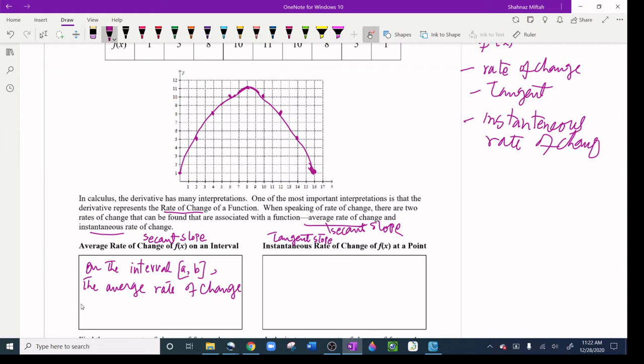That's a secant slope. We already know that, but remember the word average. Average rate of change means secant slope.